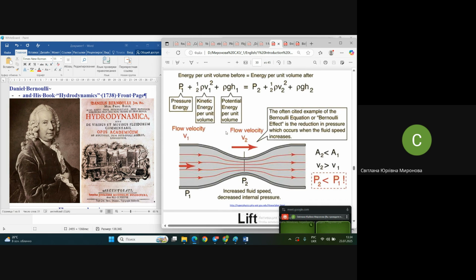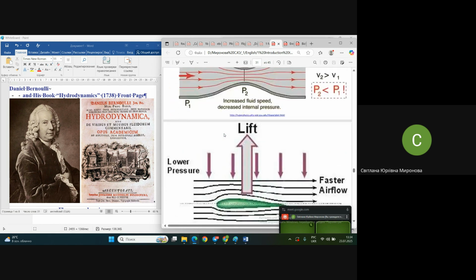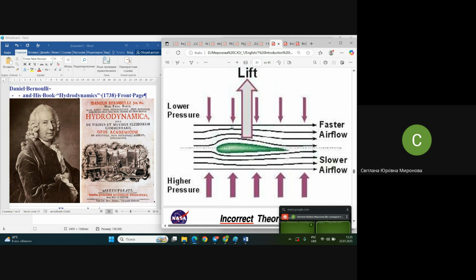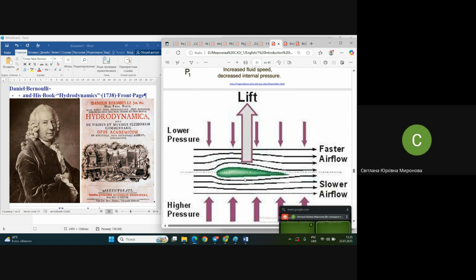A lot of experiments were made, and one of these experiments finished with the understanding that a body placed in the flow, if it has no symmetrical shape, even a flat thin plate but placed non-symmetrically in the flow, may create an additional force, like a pushing force, lift.